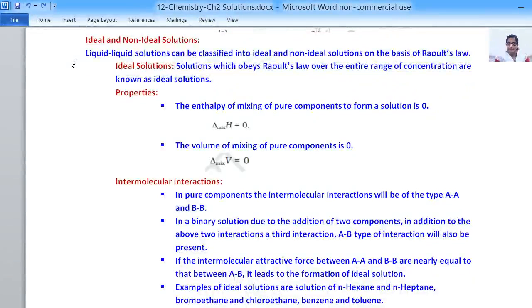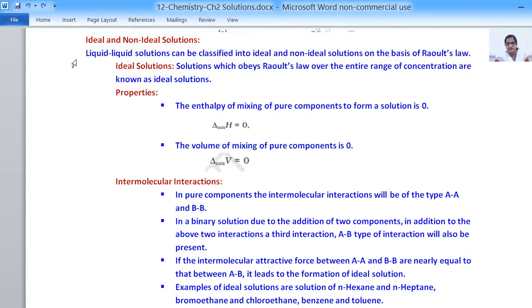Next, coming to volume. The volume of mixing of pure components is equal to 0. Here we are taking component A and another component B. Let component A be the solute and component B be the solvent. When A is mixed with B, let's say 5 ml of A is mixed with 5 ml of B. When these two components are mixed, we get a solution.